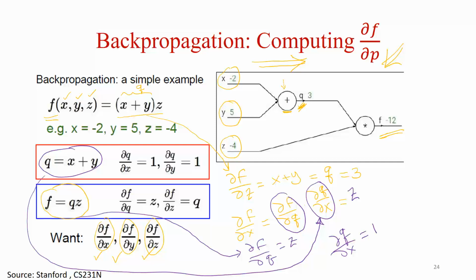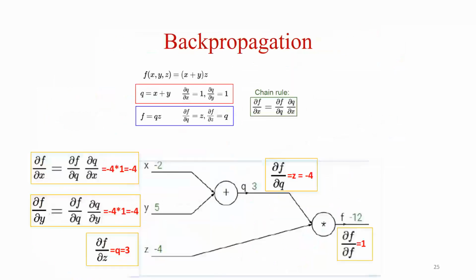I'm not sure if I have those values plugged in. Let me see in the next slide. Yes, I have it plugged in. So here is the slide where I compute delta f with respect to x, and we said at the end it was equal to z, and z equals -4, and this is exactly what I got here.